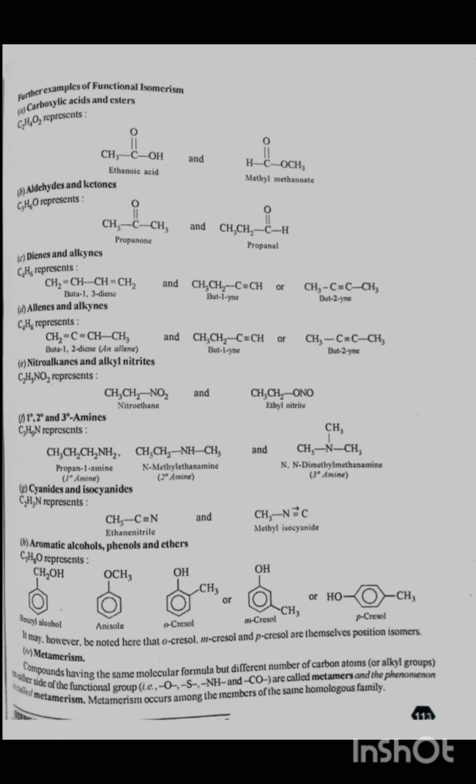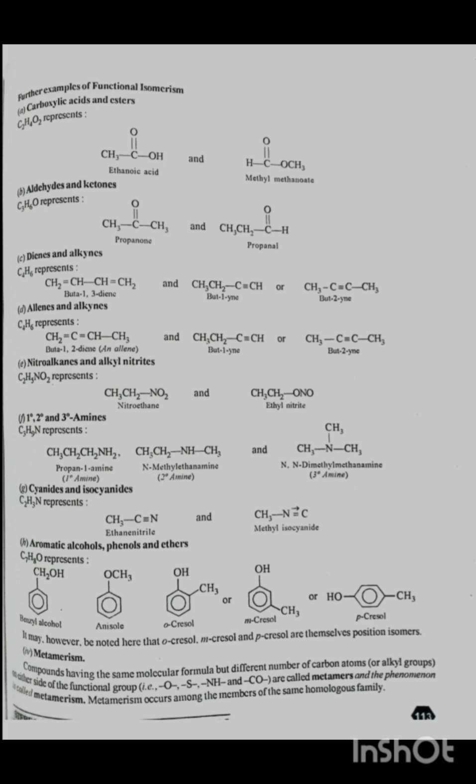D. Allenes and alkynes. C4H6 represents buta-1,2-diene, or methylallene, and but-1-yne or but-2-yne. E. Nitroalkanes and alkyl nitrites. C2H5NO2 represents nitroethane and ethyl nitrite.